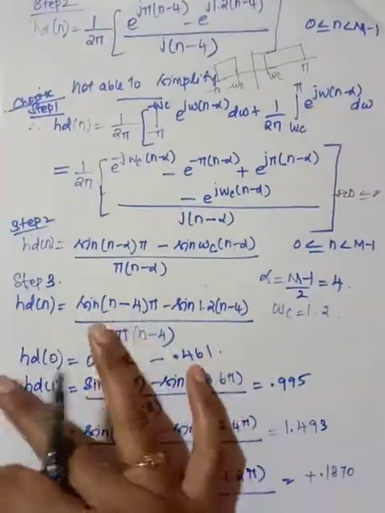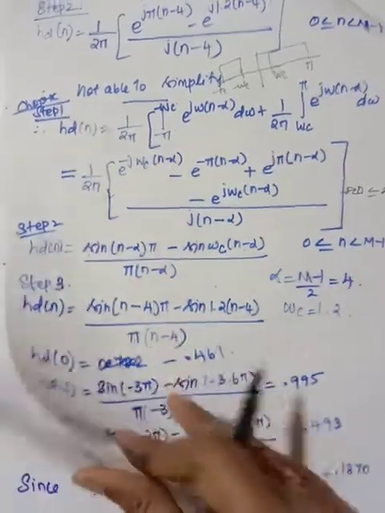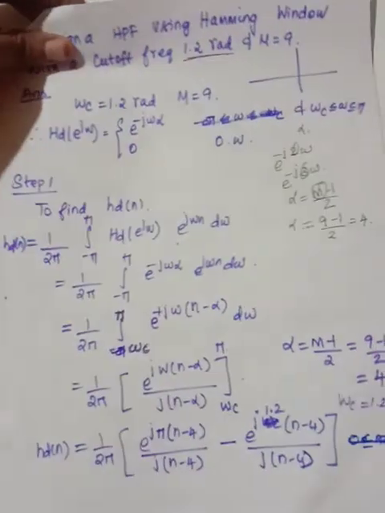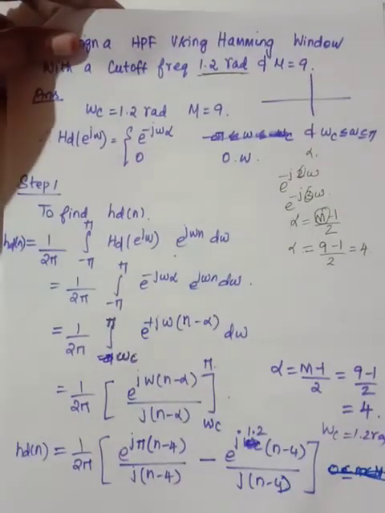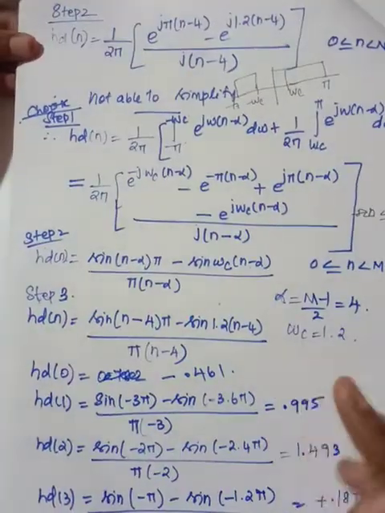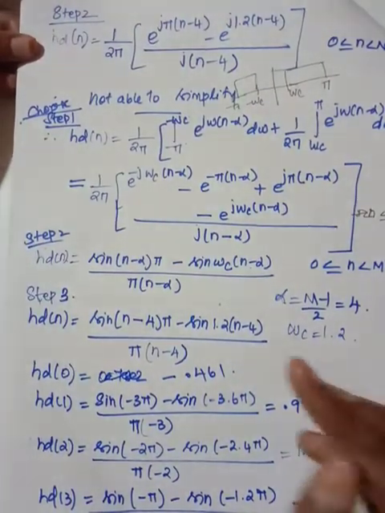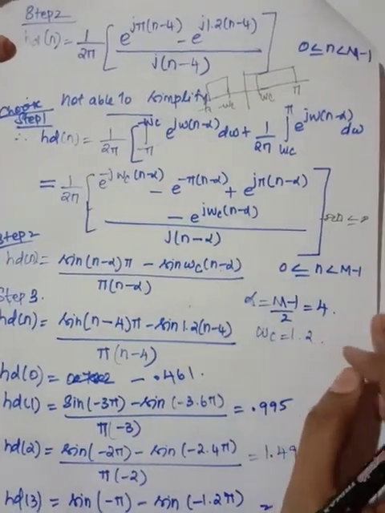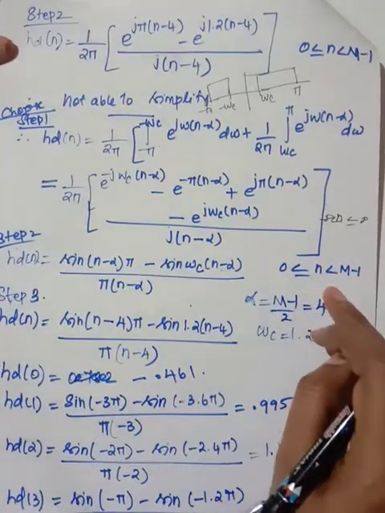Now you truncate this, because we have assumed that this one is an exponential. Okay, so this is a causal sequence. So now you truncate to 0 to m minus 1. If we have not mentioned any exponential, you can also choose Hd of e power j omega equal to 1 in this case, and you can choose mod 1 in this problem.